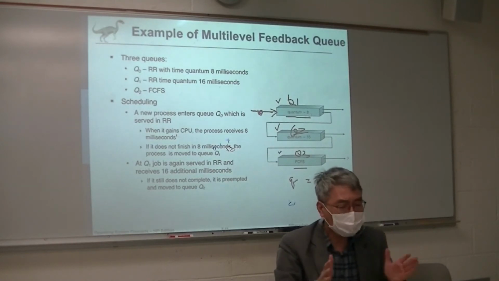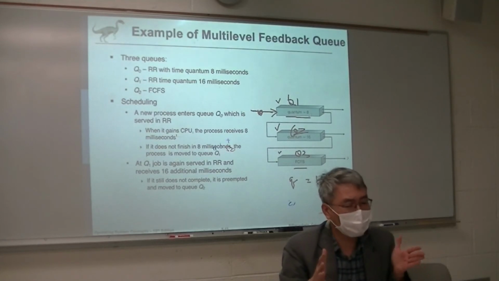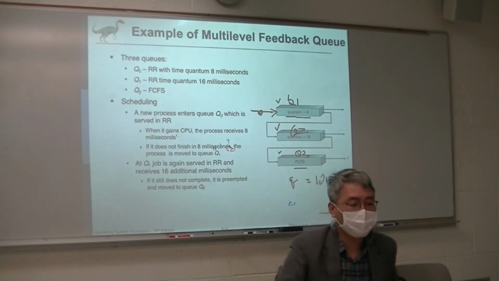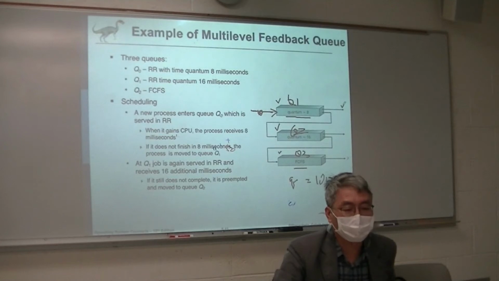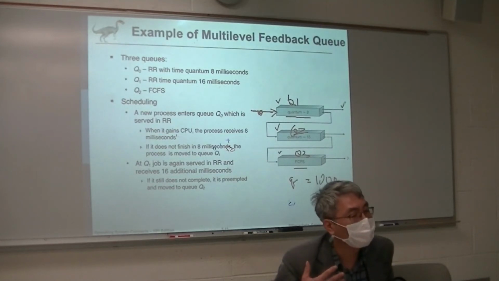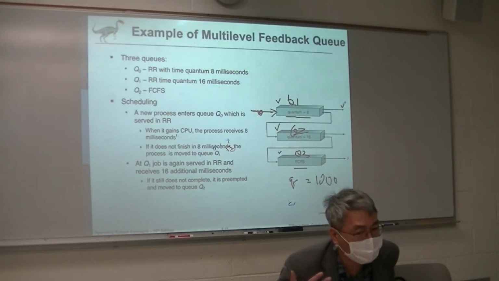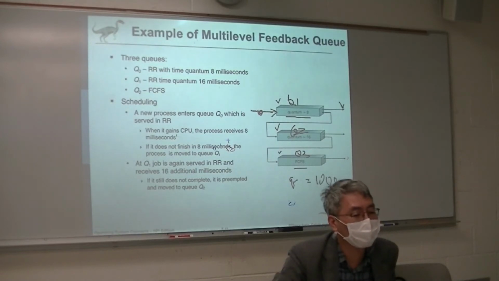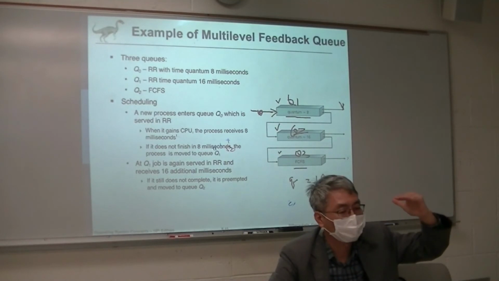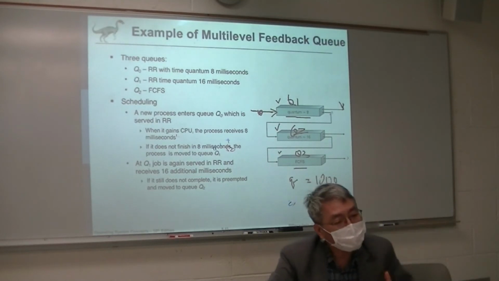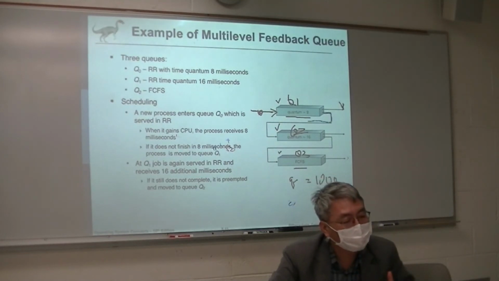If the CPU burst time is short, they will be terminated here, like real-time processing or fast response time processes, completed in the first queue. If any job remains, it will move to the next queue.